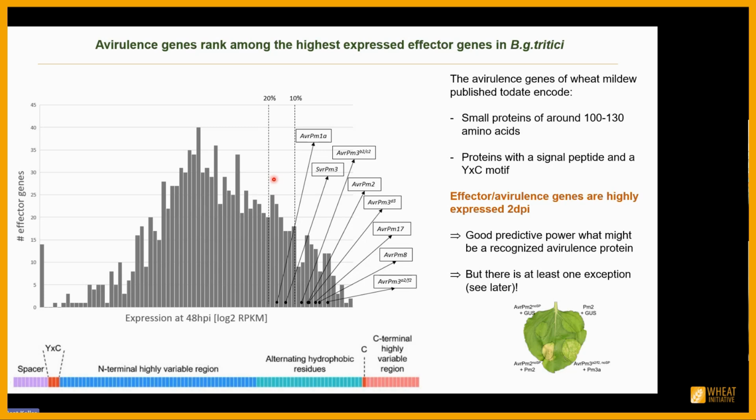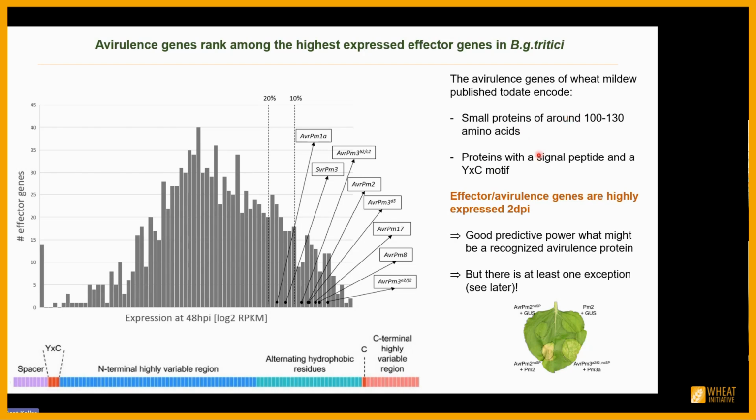This seems to be one of the important characteristics for functional AVR genes, that they are quite highly expressed. And they all encode small proteins of around 100 plus amino acids.